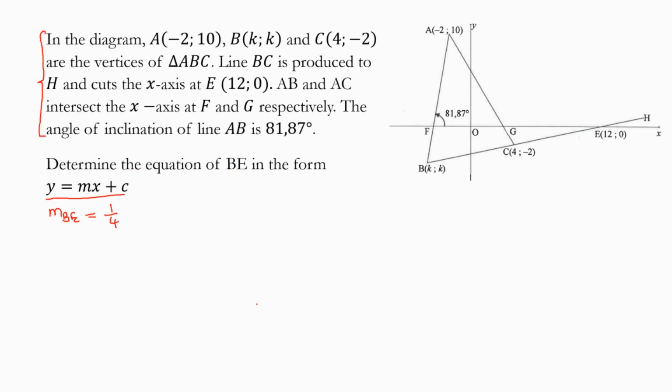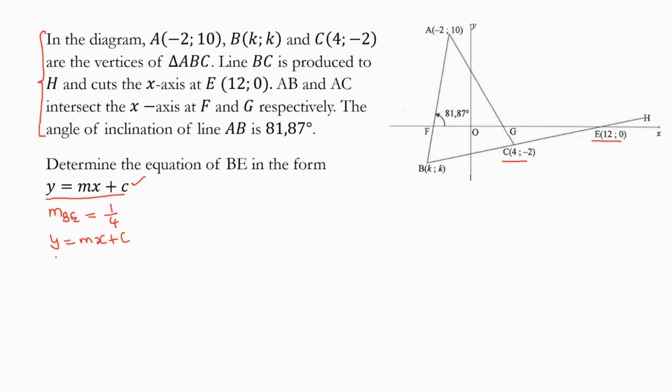So what do we do here? We start with the equation y is equal to mx plus c. We have 2 points that we can use: point E or point C. Let's start with point E. Where there's x, we put 12, where there's y, we put 0, and then we find c.